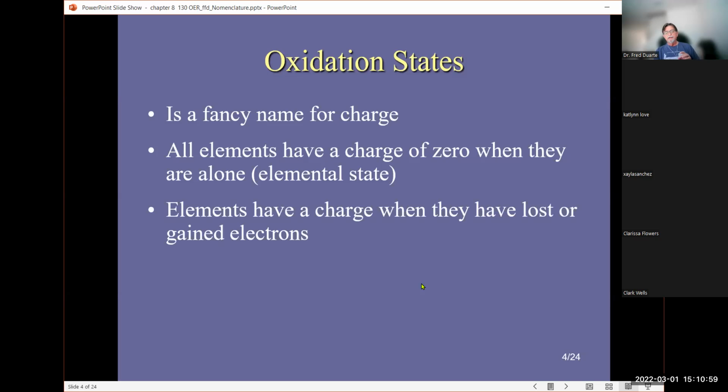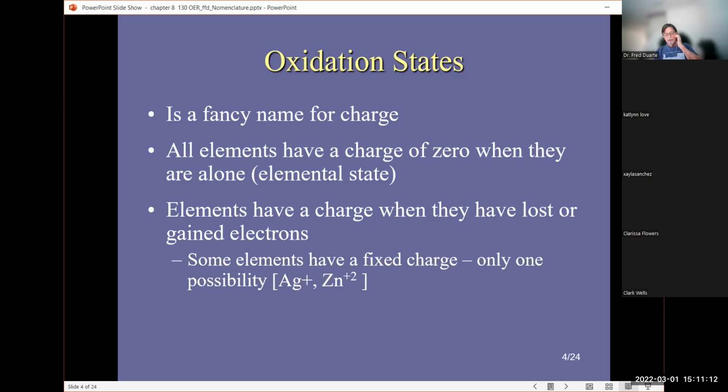It is when they lose or gain electrons that their oxidation state changes, which puts them into a plus category or a negative category. Now, we had fixed charges. I don't recall if I went over this. There are 16 elements that have what are called fixed charges. I'm going to rehash that just to make sure we're in the same boat.